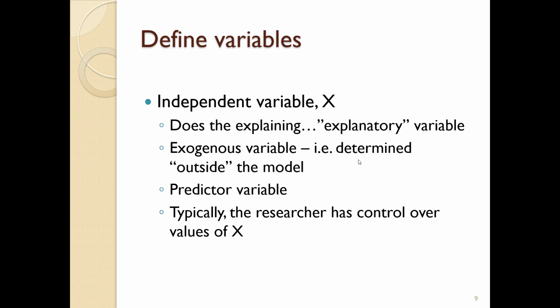Okay, so it can get complicated depending on the needs of the model really. Sometimes this x variable is called a predictor variable. Okay, so it's got its synonyms as well.